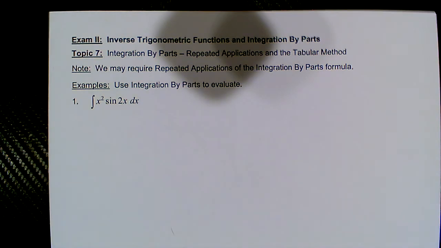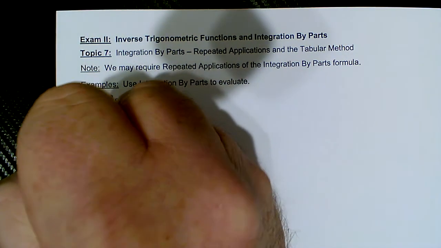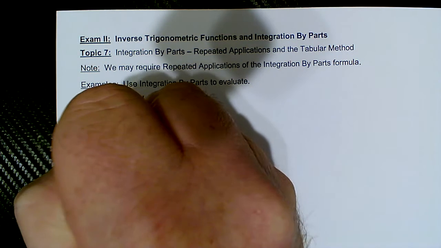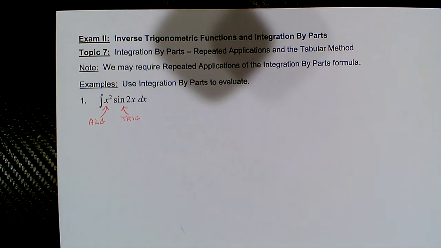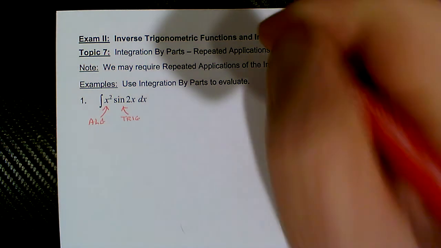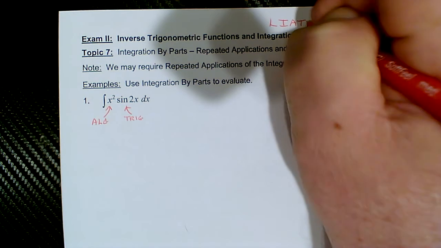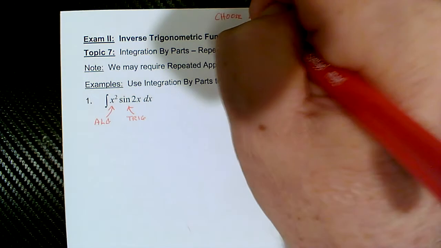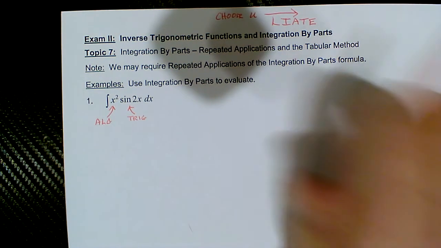And so we start by classifying the factors. X squared is considered to be algebraic. Sine of 2x, trigonometric. And we choose our u according to LIATE. So when we look at the algebraic and trigonometric, it tells us to choose the algebraic to be our u.